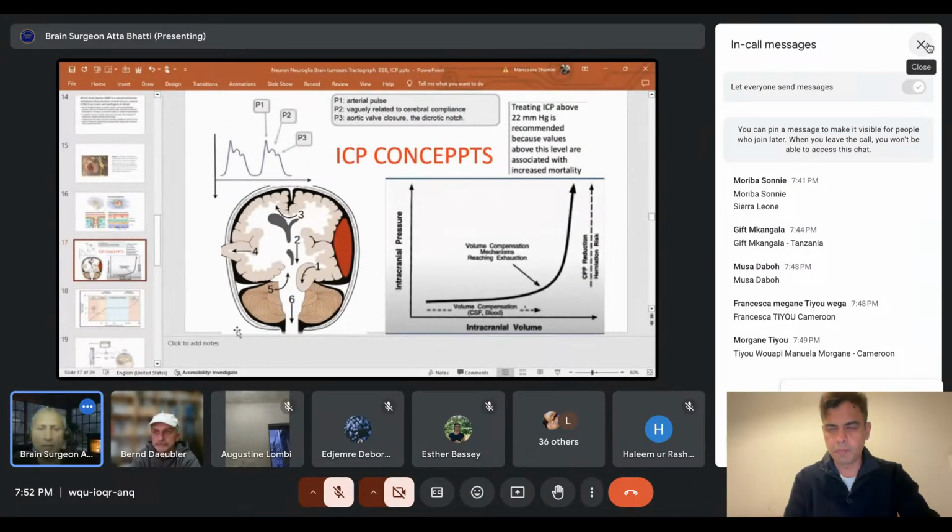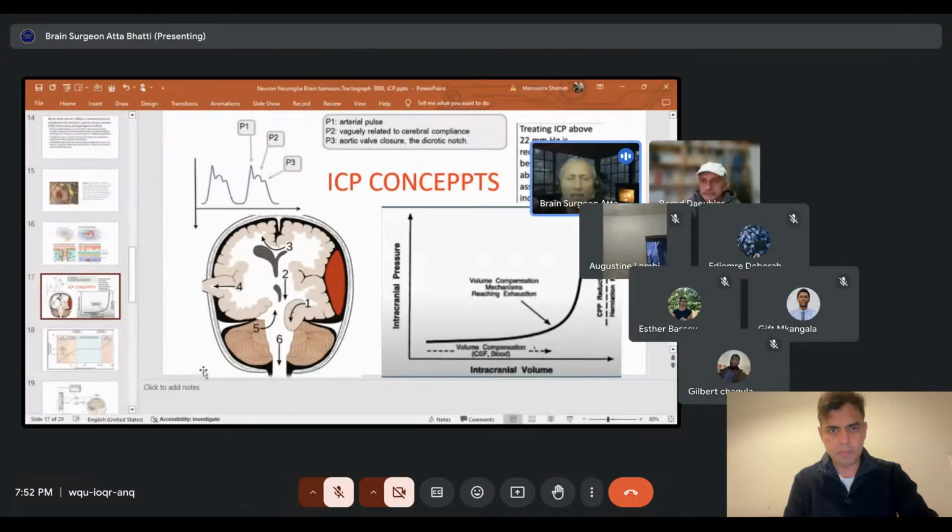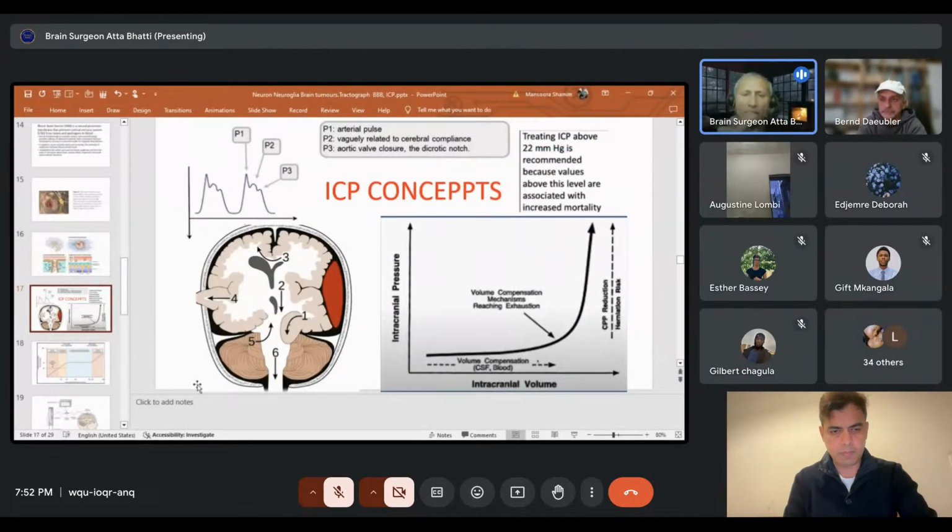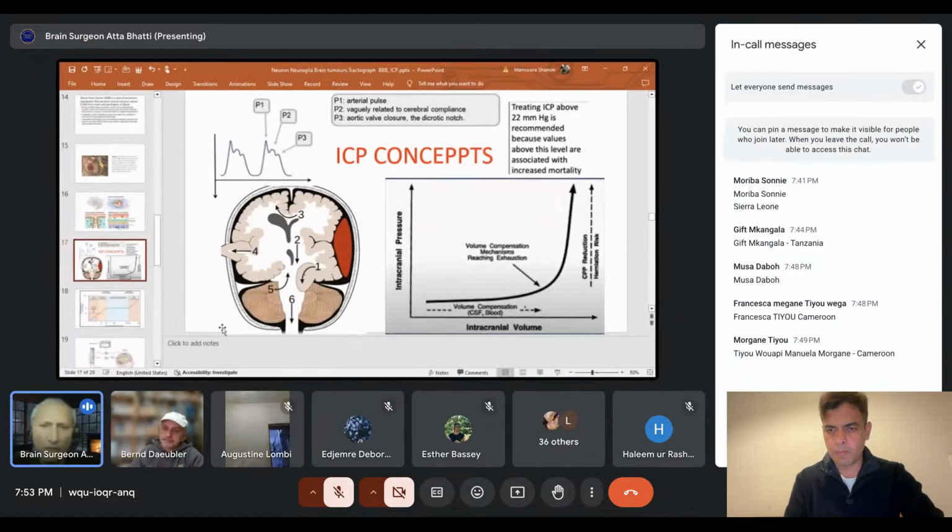Their presence has a certain normal physiological pressure, which is 5 to 15 millimeter of mercury or centimeter of water. Whenever there is a new thing like a hemorrhage or a space-occupying lesion, that can lead to an increase in the pressure.